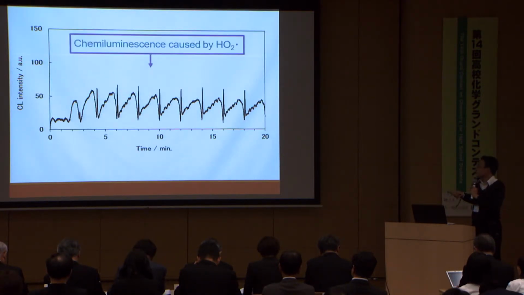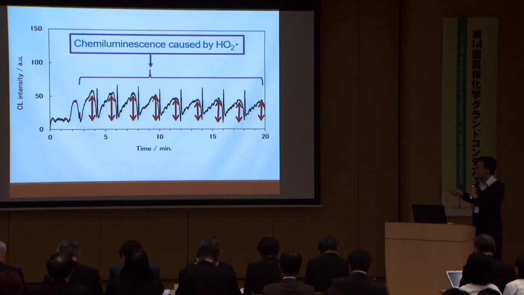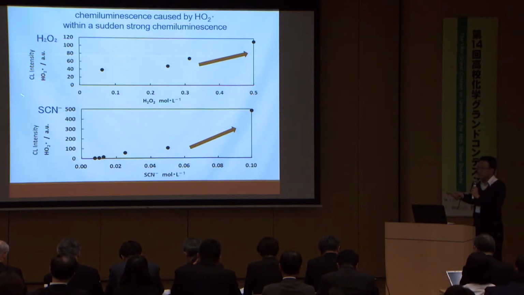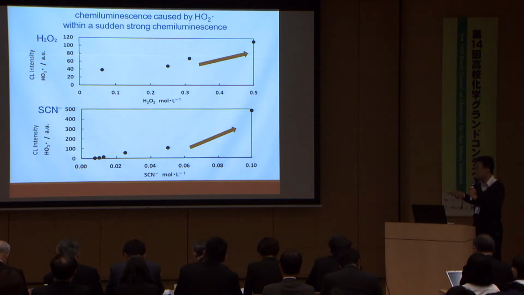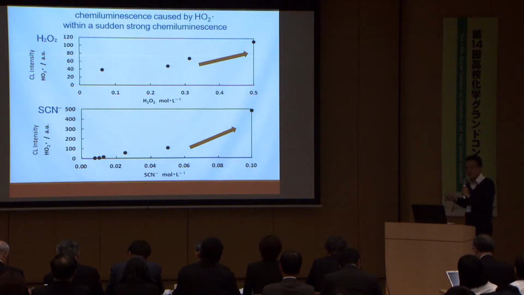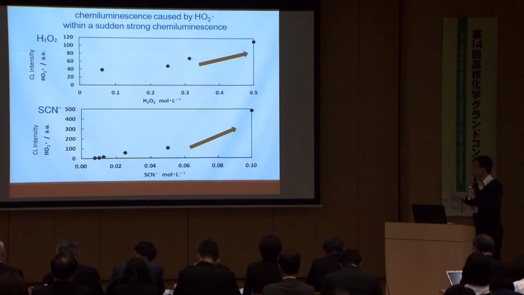Next we measured the gap here, calculated the average, and plotted it on the graph. As you can see, as the concentration increased, the chemiluminescence caused by this HO2 radical also increased. So this evidence proves that the gradual increase is caused by the generation of HO2 radical.